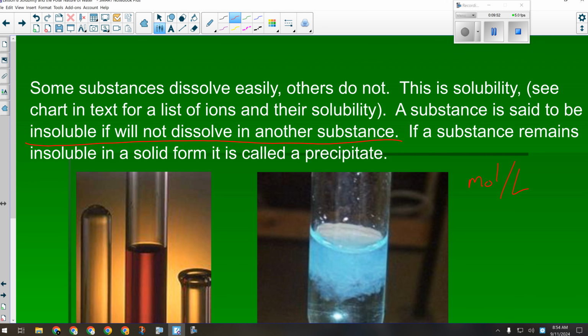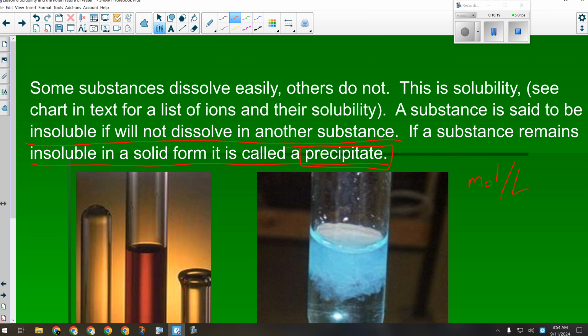If a substance appears during a reaction and settles to the bottom, it's not soluble, and we also call it a precipitate. A couple of the reactions that we do in our reactions lab actually produce precipitates. We'll take two clear solutions and mix them together and a solid will form.